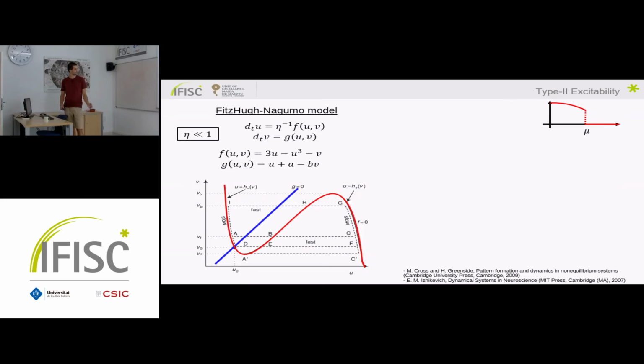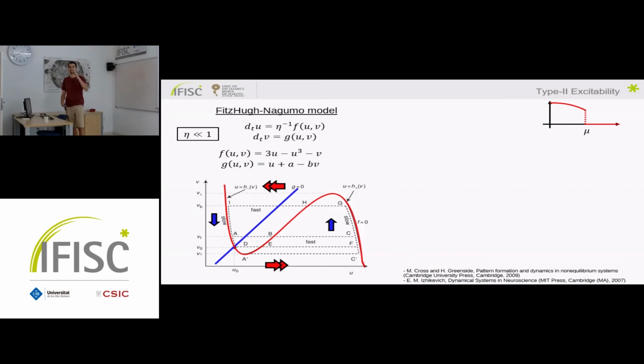We expect now that under the red curve, the function f will be positive, and so we have this very fast dynamics going to the right, while over the red curve, we have the very fast dynamics going to the left. Similarly, with the slow variable, on the left of the blue curve it goes down, and on the right it goes up.